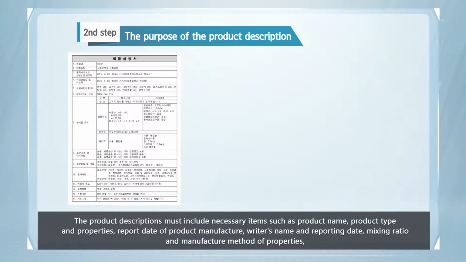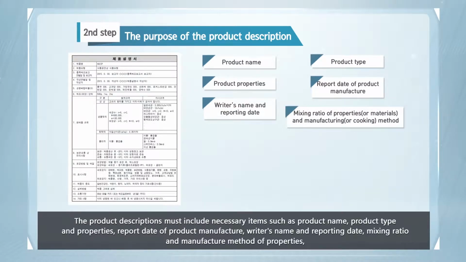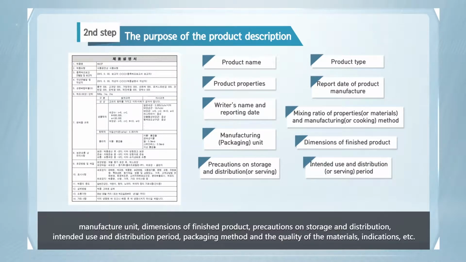The product descriptions must include necessary items such as product name, product type, and properties, report date of product manufacturer, writer's name and reporting date, mixing ratio, and manufacture method of properties, manufacture unit, dimensions of finished product, precautions on storage and distribution, intended use and distribution period, packaging method, and the quality of the materials, indications, etc.